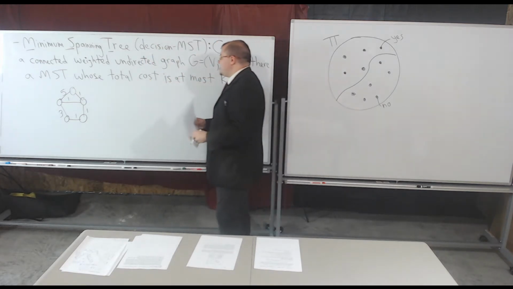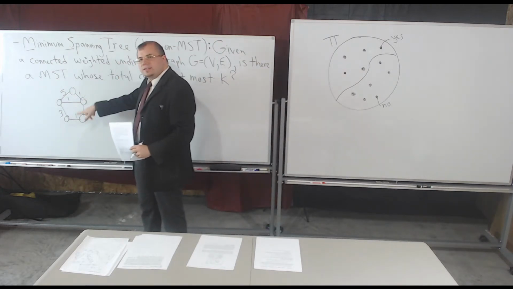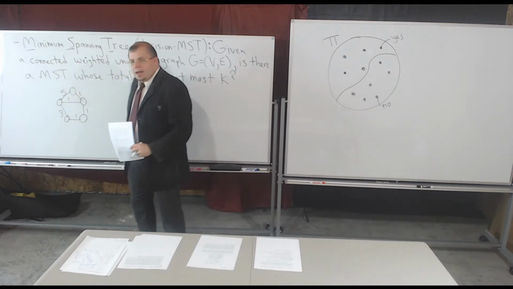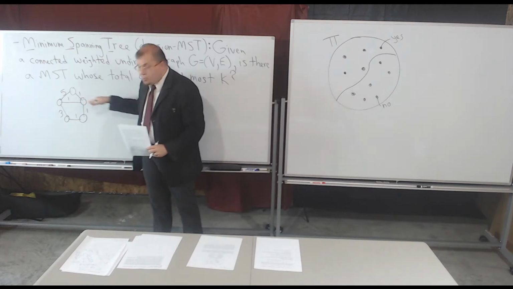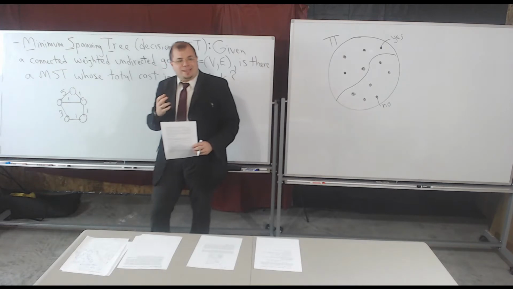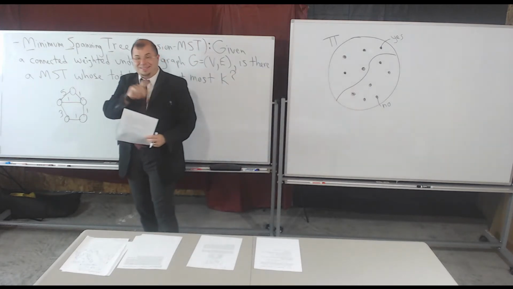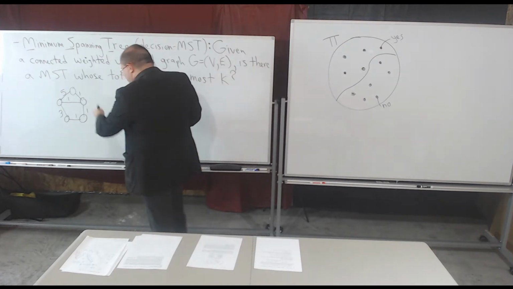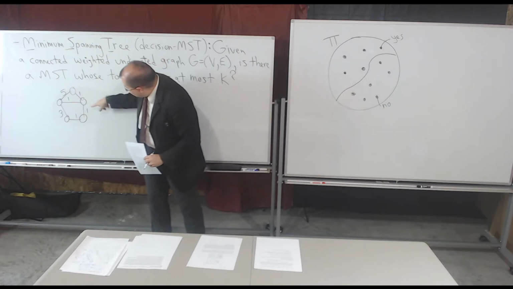Remember, a spanning tree is a subgraph which contains all the vertices in this graph. There are 5 vertices, such that I find one of these trees. Remember, a tree is a graph without any cycles in it. It's acyclic. It has no cycles in it. So here we go, this is actually not too hard. If you look at this very carefully, you can see I have one here, one there, one here, one here.